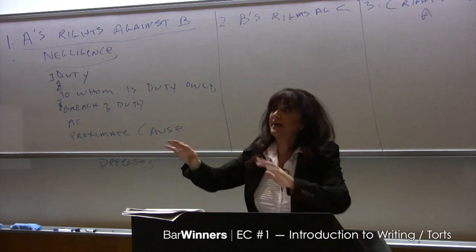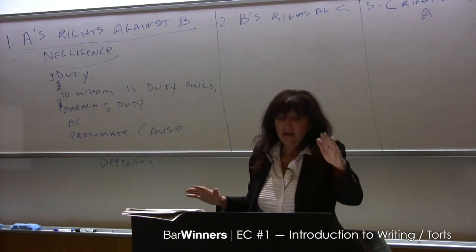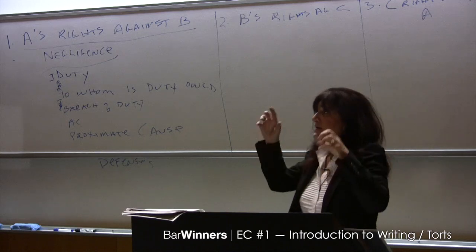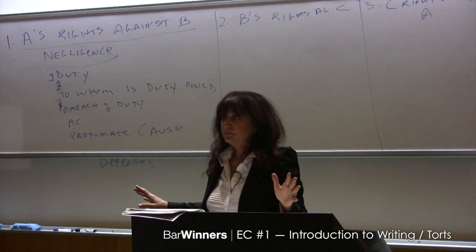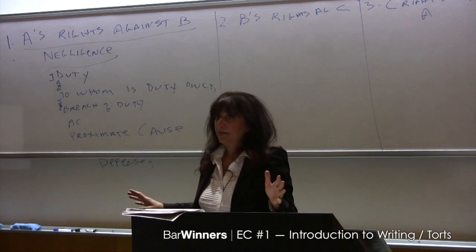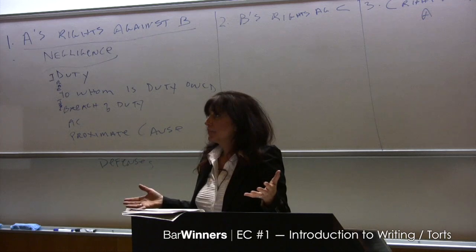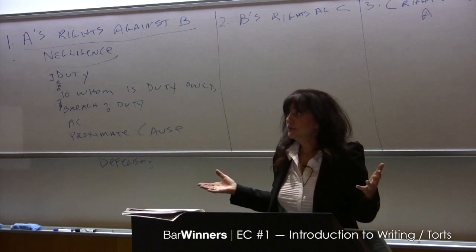Is the product defective? We're not talking about fault here. Any bar review material that has under strict liability standard of care, don't use it. There's no negligence in strict products liability. That's the whole point of it. It's strict products liability. You don't have to prove fault.